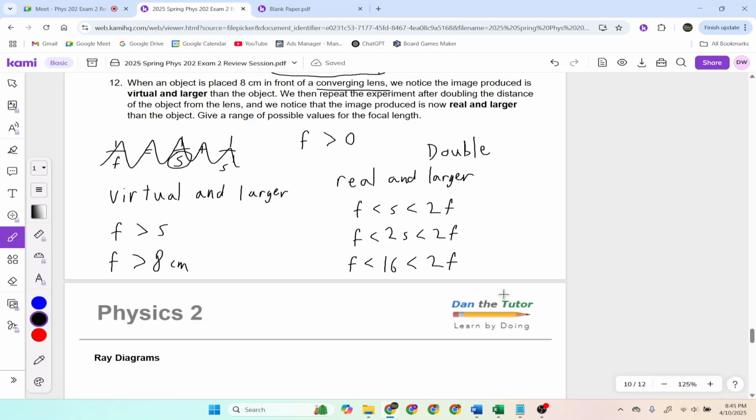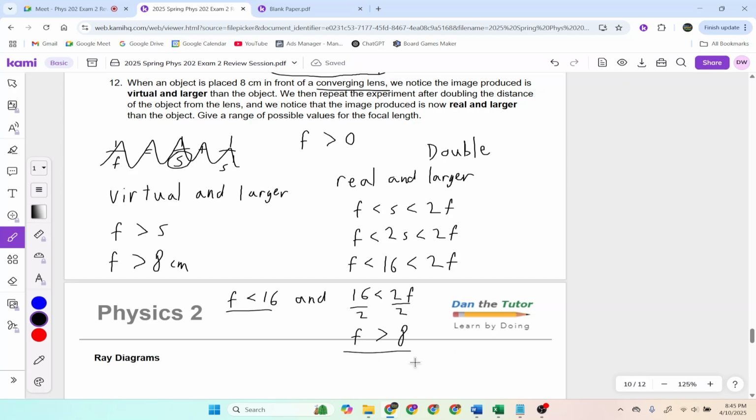Maybe you forget this from your math days, but what you should do is write this as two different inequalities. f is less than 16, and 16 is less than 2f. f less than 16 is already solved. And to solve for the other one, just divide by 2. I'll get f, flipping the order, f is greater than 8. Or you can say 8 is less than f, same thing.